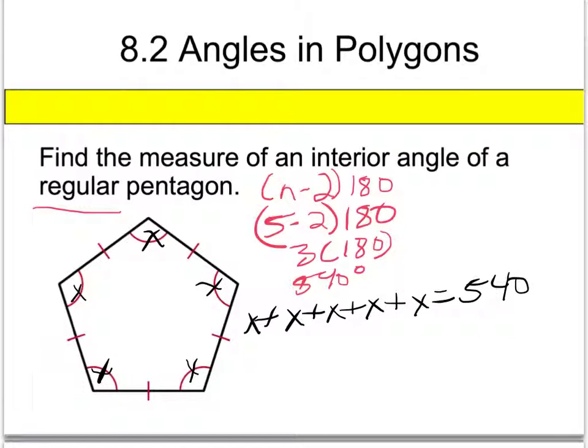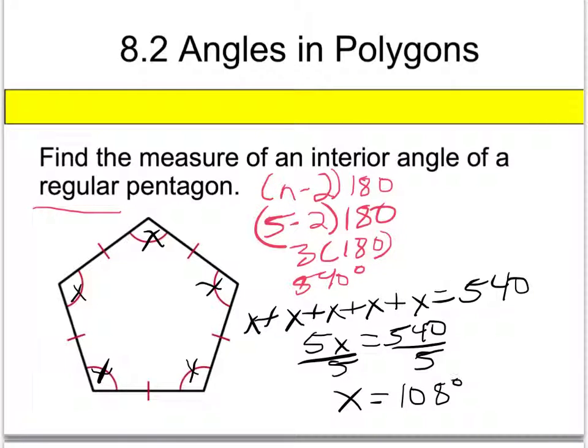We know all of these x's can be combined to get 5x equals 540 degrees. We're going to solve for x by dividing by 5. x is going to equal 108 degrees. So each of these angles of a regular pentagon are going to be 108 degrees. Nice job.